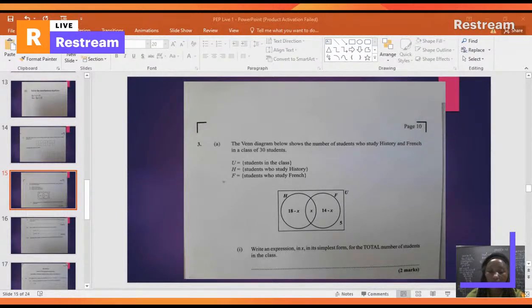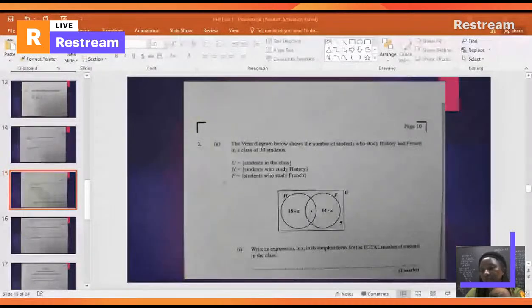So in this question, they're saying the Venn diagram below shows the number of students who study history and French in a class of 30 students. The universal set, of course, is the students in the class.